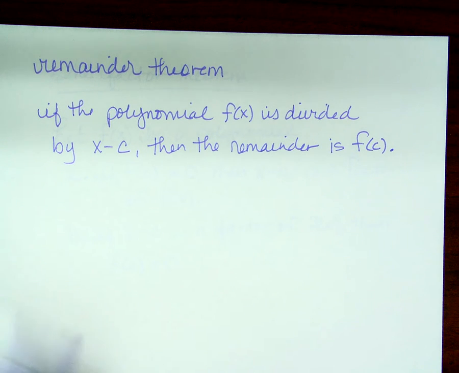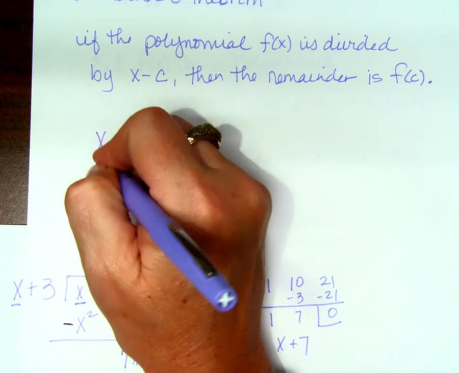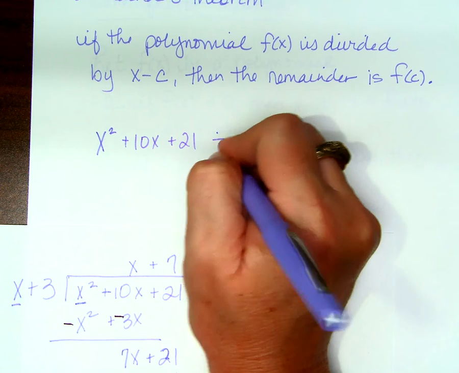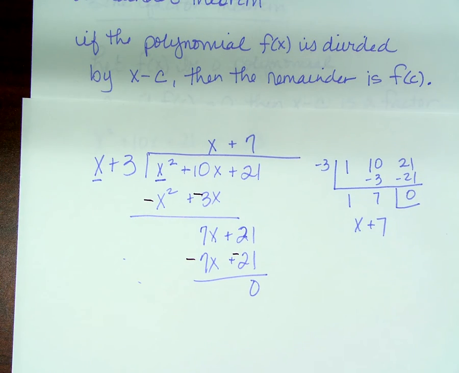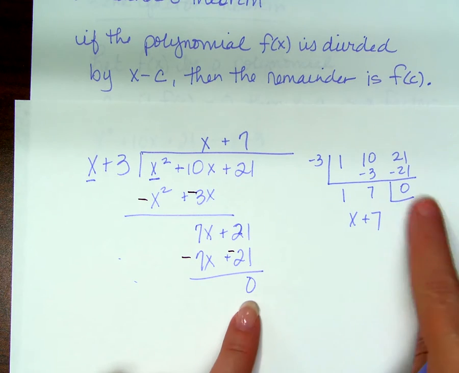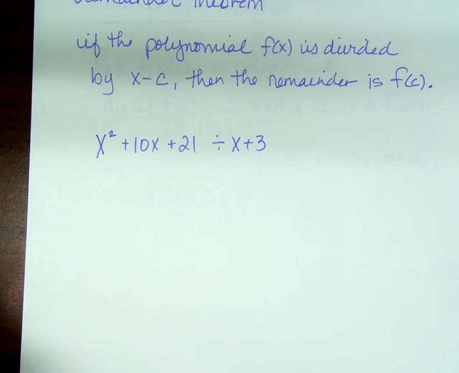I'm going to go back to this problem right here that we did very first. Okay? The problem was x squared plus 10x plus 21 divided by x plus 3. Now, we did the long division here, right? Okay? And we did the synthetic division here. And both times we got a remainder of 0, right? Just happened to be a remainder of 0 here.